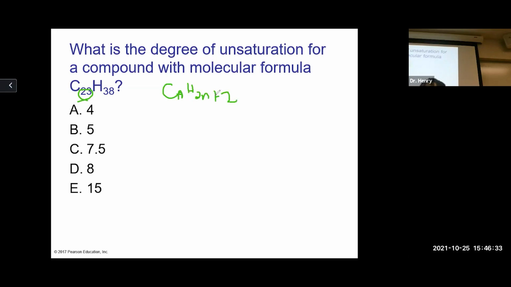Isn't that the equation? If there's 23, then we should have 2 times 23 is 46, so 48. Is that true? I should check my math because it's been a long day.